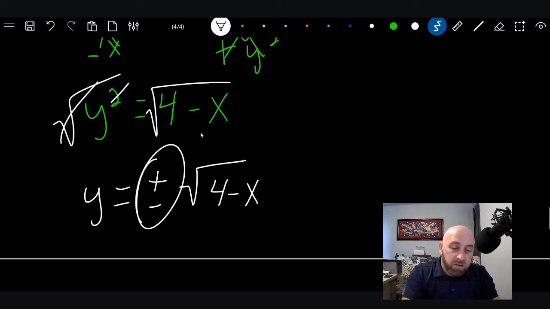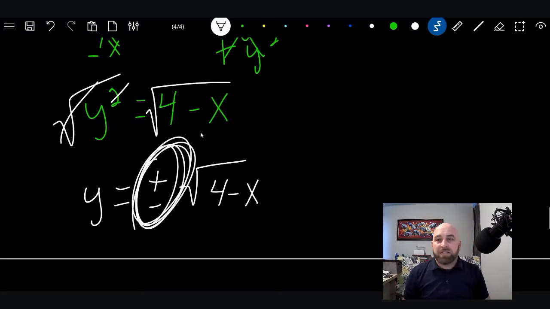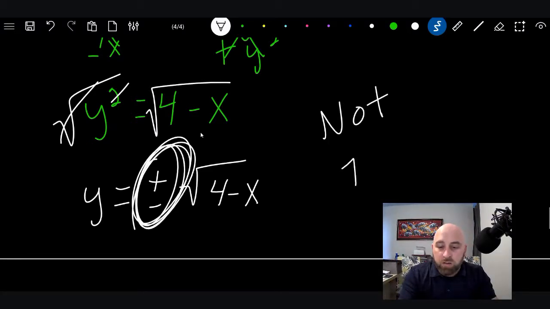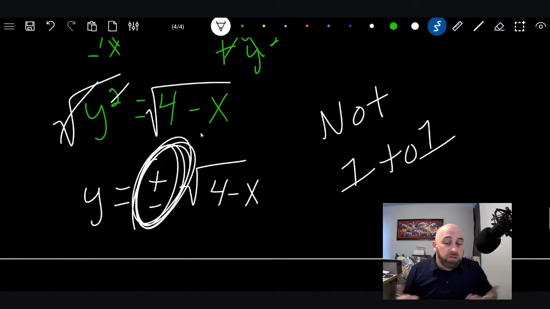As soon as you get that positive and negative, guess what? Two solutions. One's a positive solution, one's a negative solution. And so this one is not 1-to-1, because we have more than one solution. If the inverse has more than one solution, it is not 1-to-1.